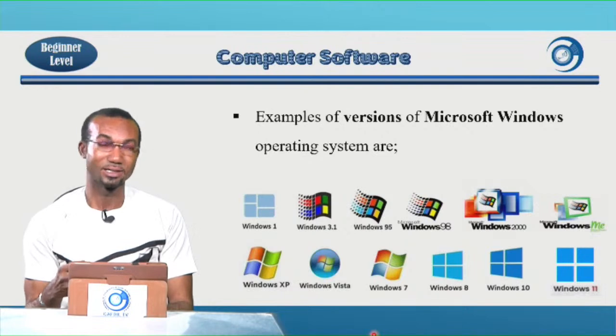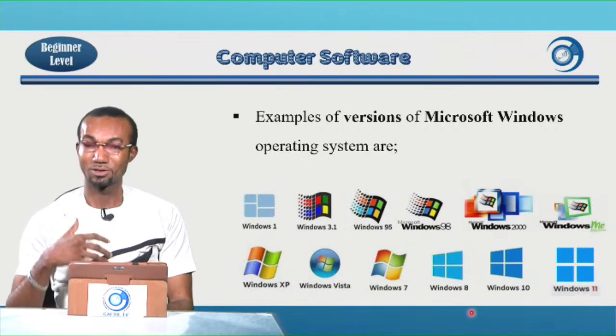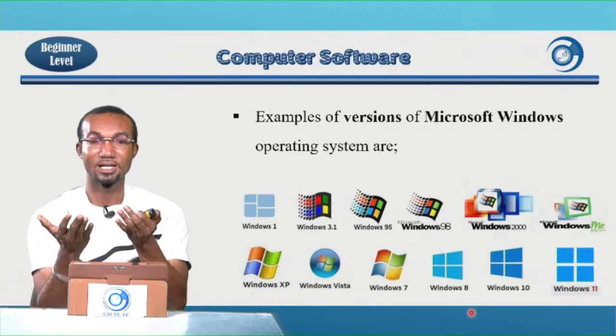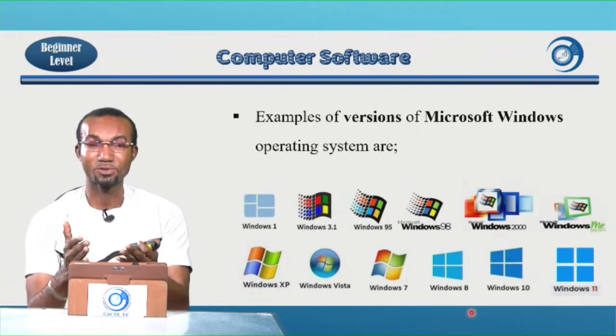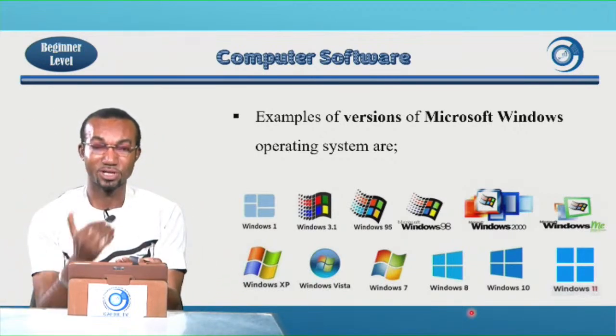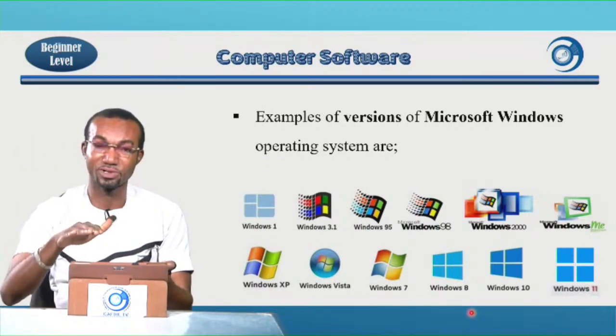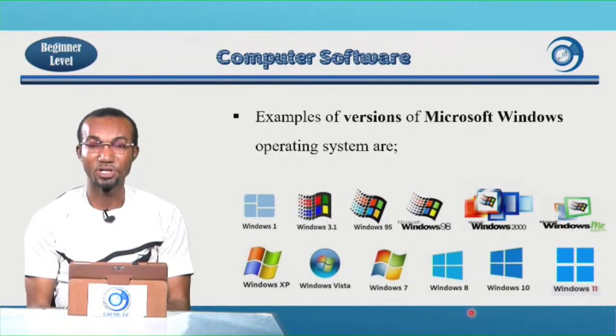Currently, if you are buying a PC, make sure you go for Windows 10, because, as we said, the operating system or the system software serves as a platform to run other software called application software. Sometimes some applications that are being designed work with specific Windows.